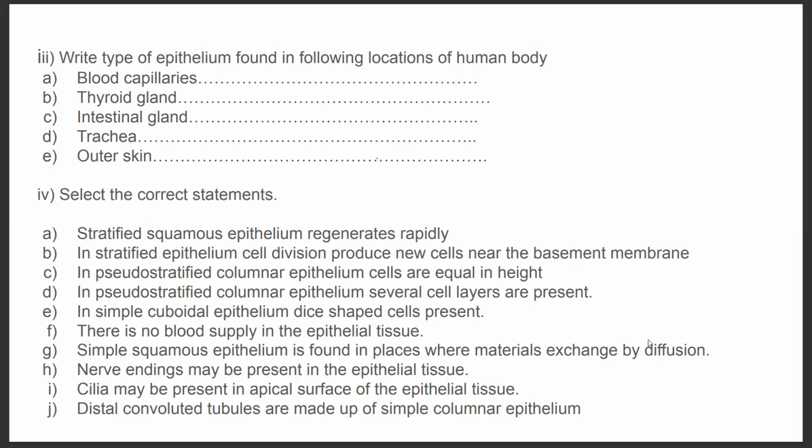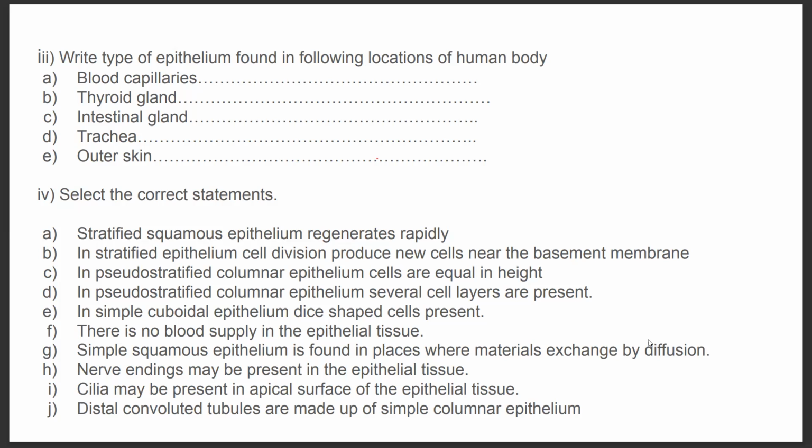Blood supply is there, but blood vessels are absent, because the connective tissue underneath the epithelial tissue provides those nutrients and oxygen. So blood supply is there, but blood vessels are absent. So this statement is incorrect. It should be blood vessels, not blood supply.